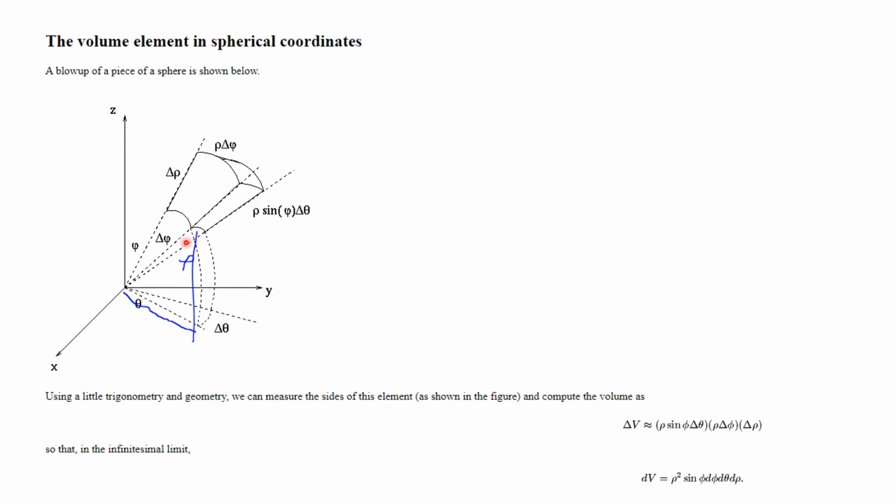So this side is at a distance of r, which is rho sine phi delta theta. Spend some time making this your own. But we're going to say the change in volume is approximately length times width times height. And when we take the limit, dV is going to be rho squared sine phi d phi d theta d rho.